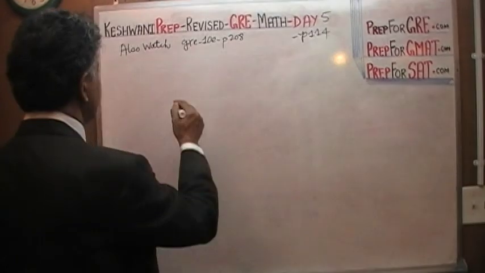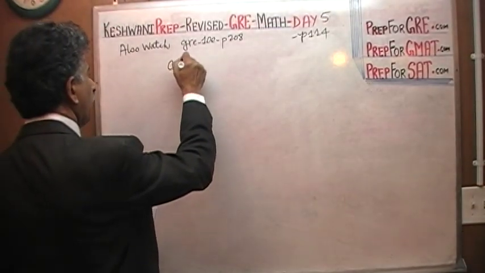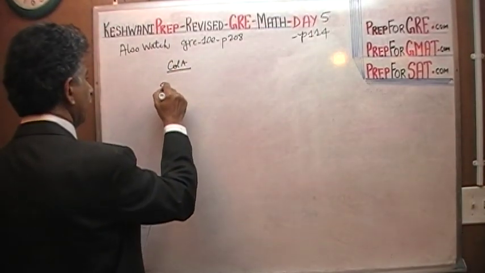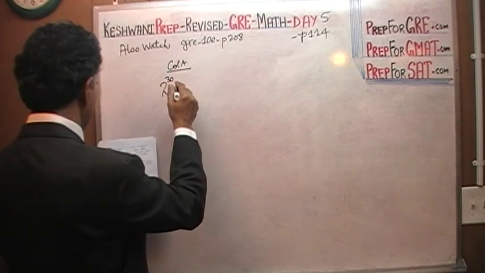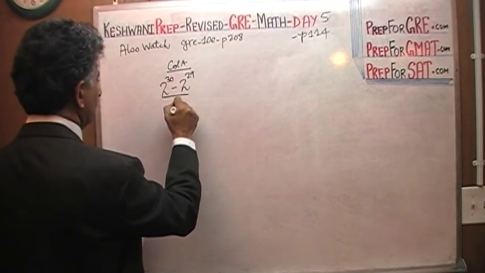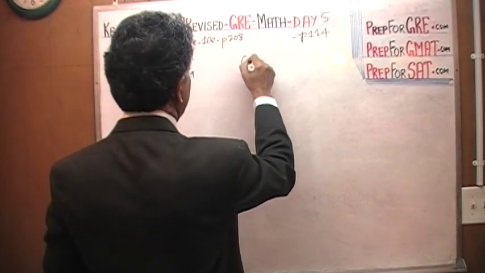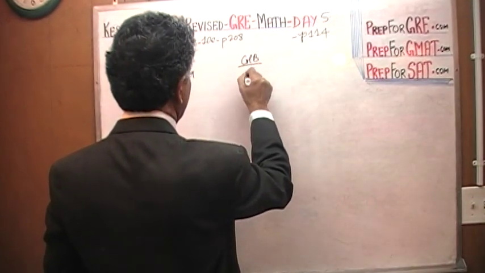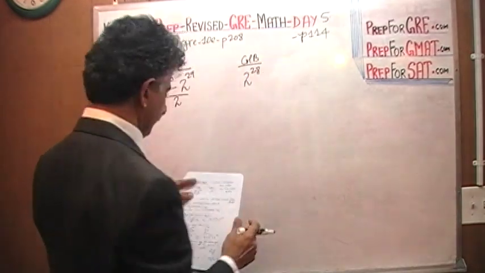We are asked to compare these two quantities. In column A, we have 2 raised to 30 minus 2 raised to 29 over 2. And in column B, we have 2 raised to 28.